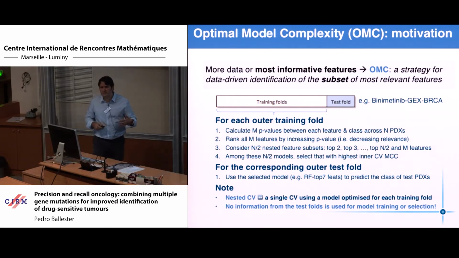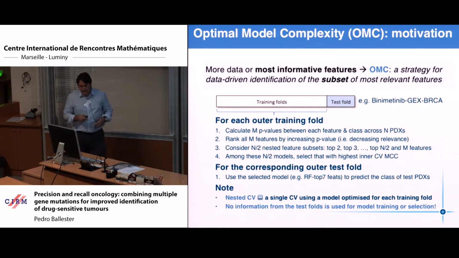In terms of what this optimal model complexity does, the motivation is that once you have this problem, either you have more data, which is normally not available, or you retain the most informative features as a way to handle this high dimensionality. And OMC is a strategy for the data-driven identification of the subset of these features.